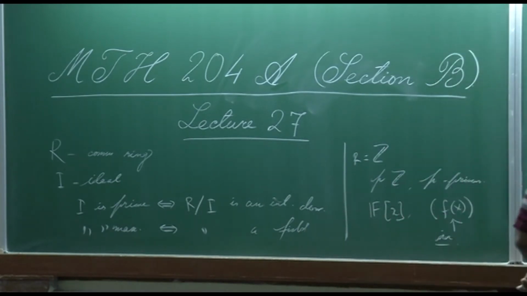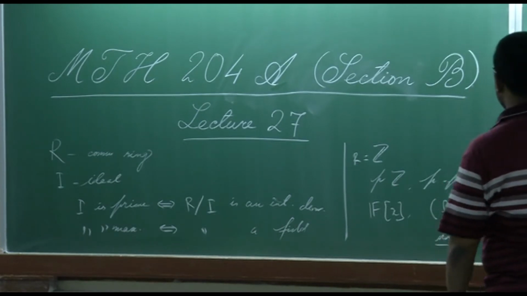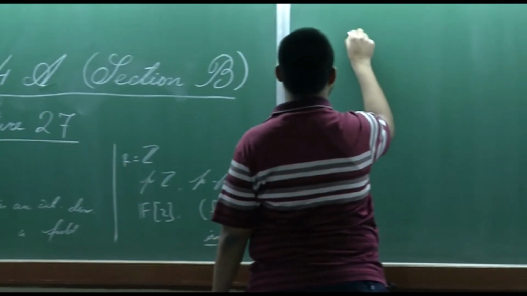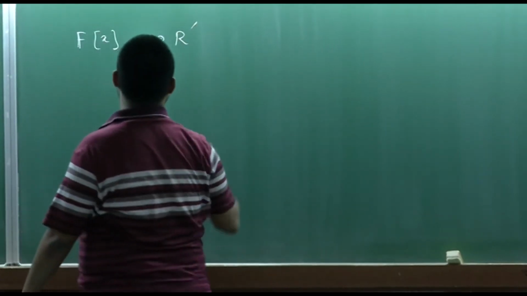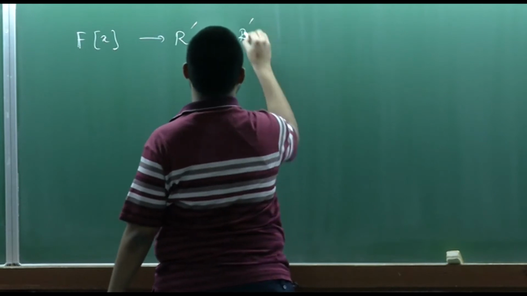Now, for today let us observe the following: suppose we have a homomorphism phi from F[x] to some R prime, where R prime is an integral domain.